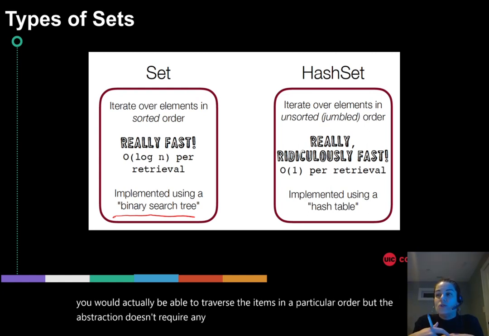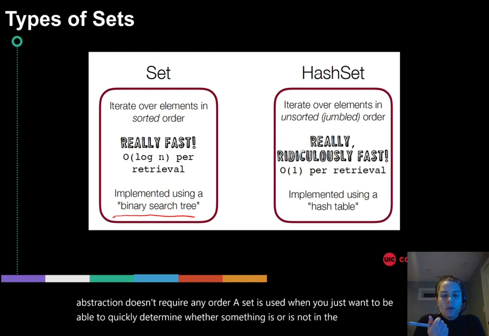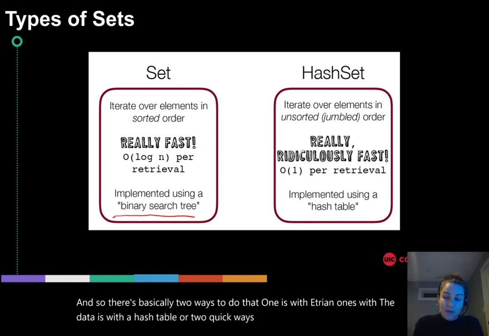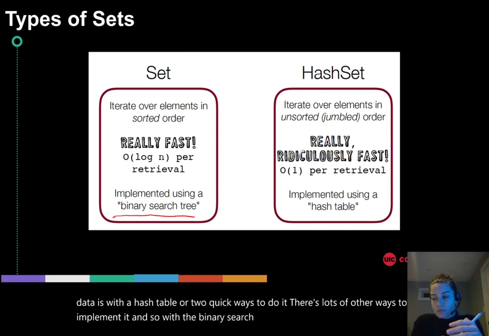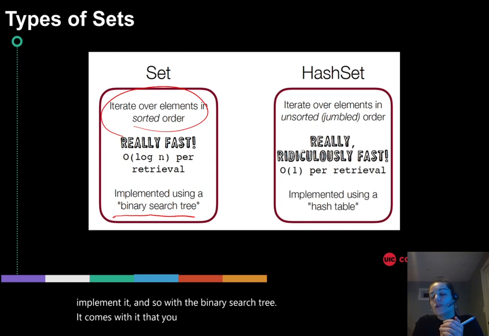A set is used when you just want to be able to quickly determine whether something is or is not in the data set. There are basically two quick ways to do that: one is with a tree, and one is with a hash table. There are lots of other ways to implement it. With a binary search tree, you can iterate over the elements in sorted order if that is useful.